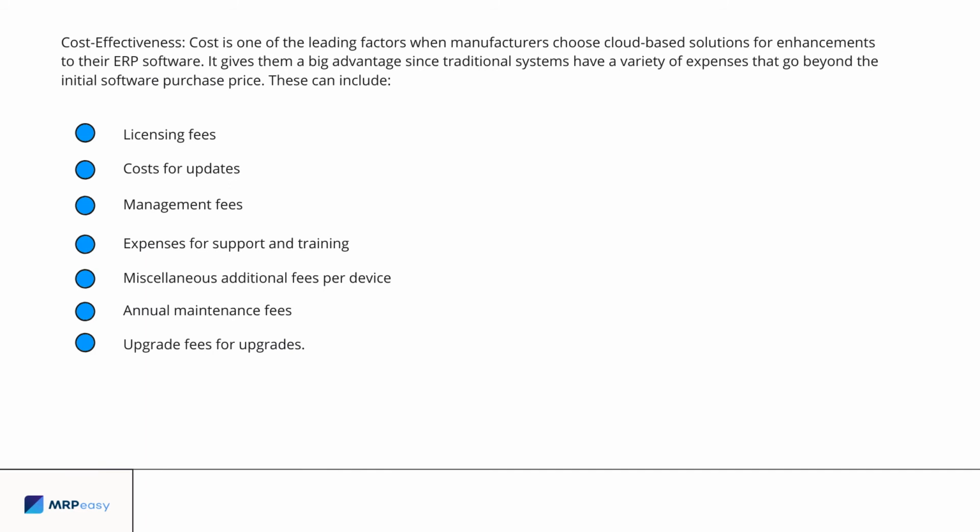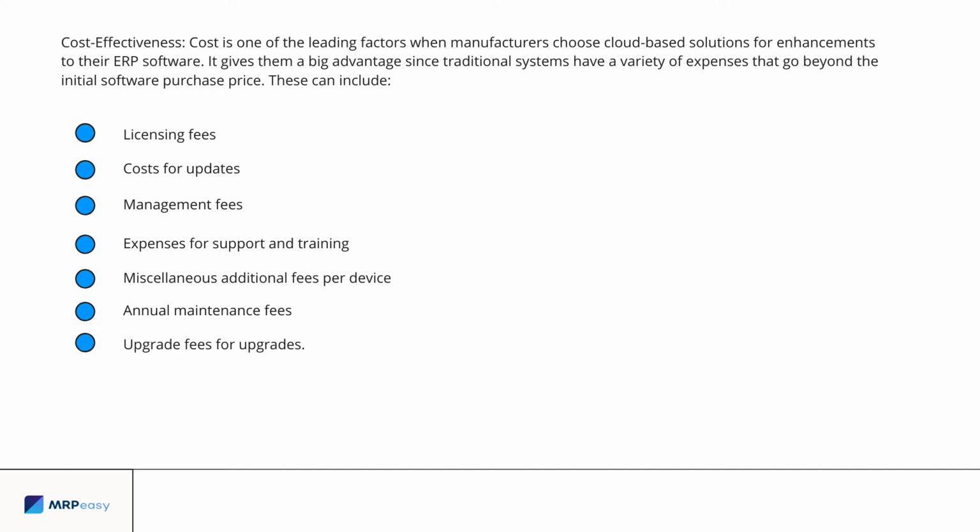Cost effectiveness. Cost is one of the leading factors when manufacturers choose cloud-based solutions for enhancements to their ERP software. It gives them a big advantage since traditional systems have a variety of expenses that go beyond the initial software purchase price. These can include licensing fees, cost for updates, data storage, management fees, expenses for support and training, miscellaneous additional fees per device, annual maintenance fees, and upgrade fees.